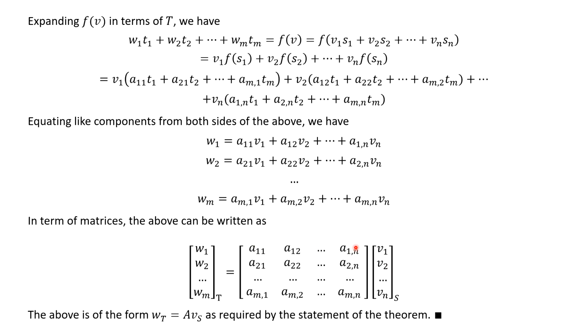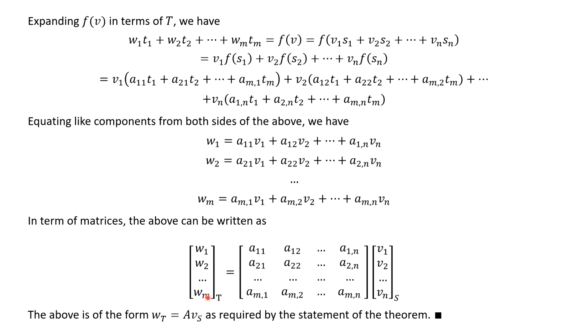This is the matrix A that we've been discussing, and this is just the vector v written in terms of the basis S. So if you multiply this times this, you notice you get the first equation: w1 equals a11 times v1, a12 times v2, all the way down to a1n times vn, and so on.